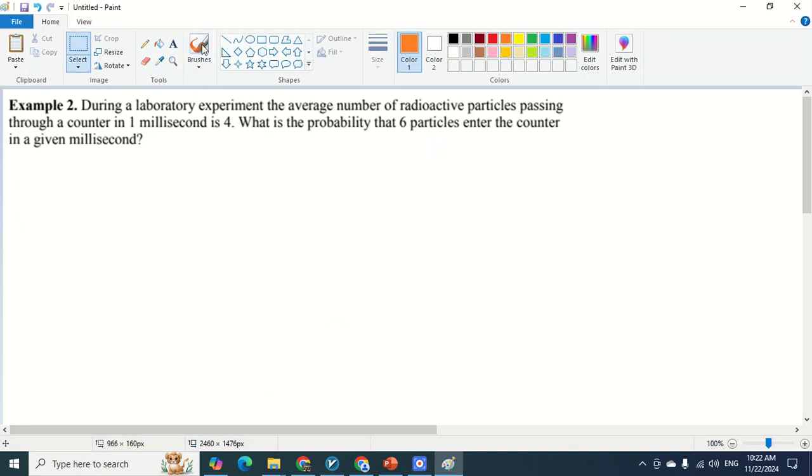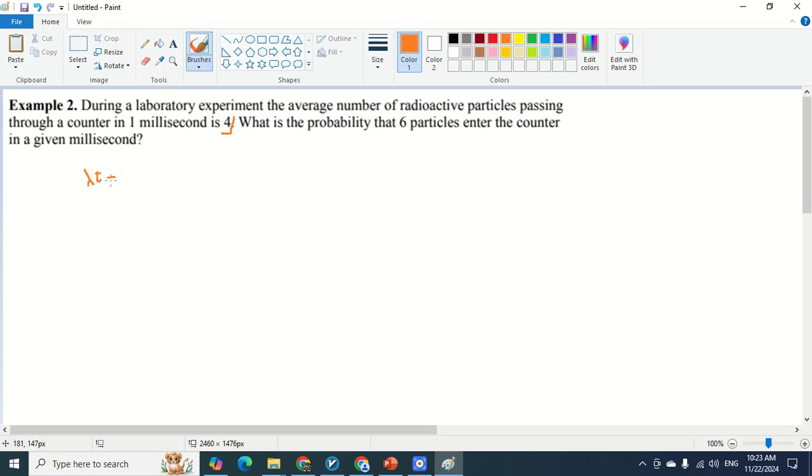Let's see the example. During a laboratory experiment, the average number of radioactive particles passing through a counter in 1 millisecond is 4. So we have the average of occurrence over here, equal to 4 in 1 millisecond. So the lambda t, the value of the average, is equal to 4.